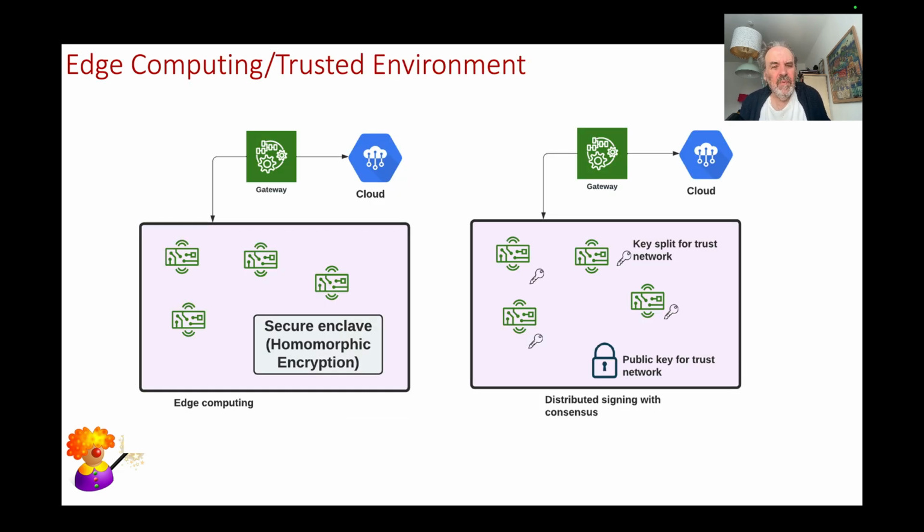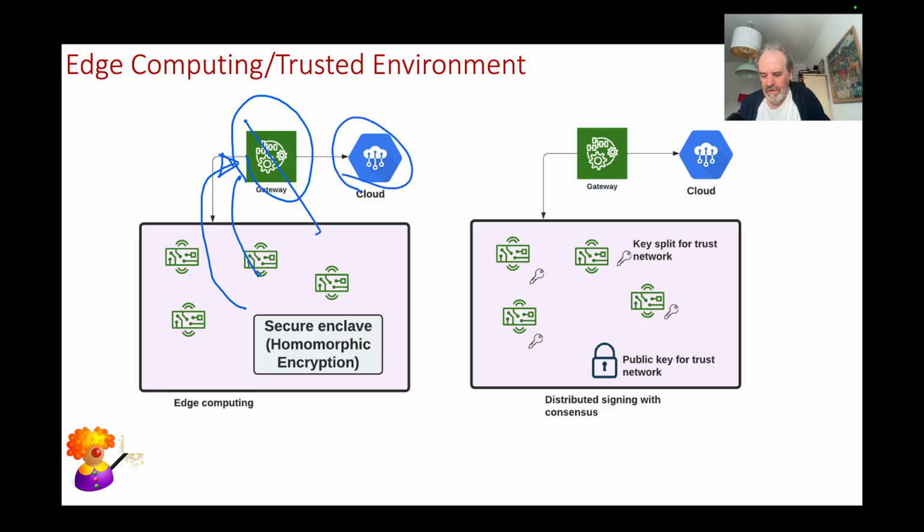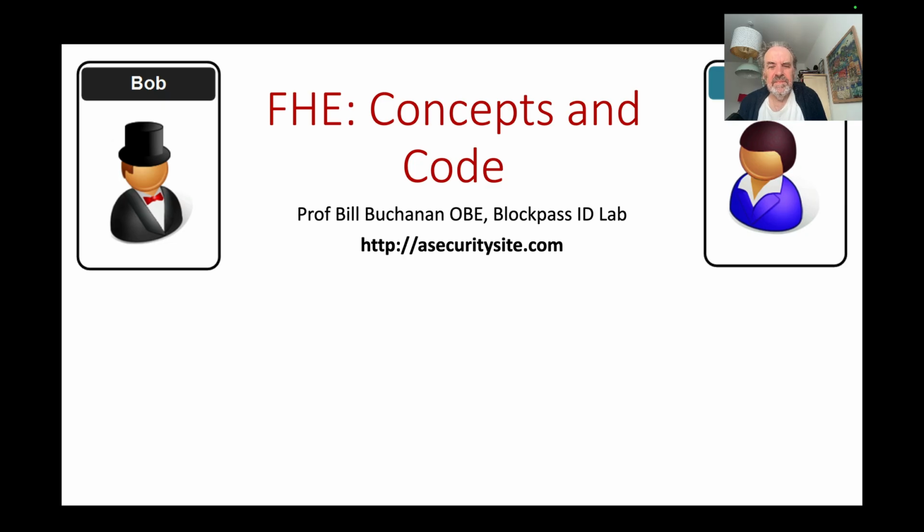And this gives us a possible future architecture where on a gateway or an edge node, we can have some homomorphic encryption where the data could be processed within that gateway and then sent back without the need to go into the cloud to be processed.